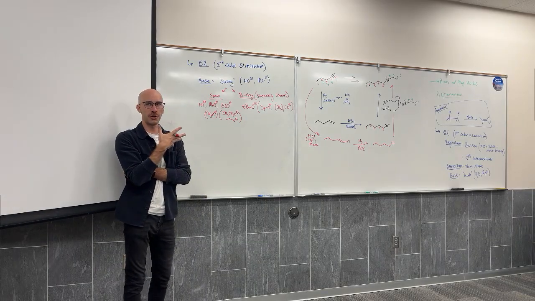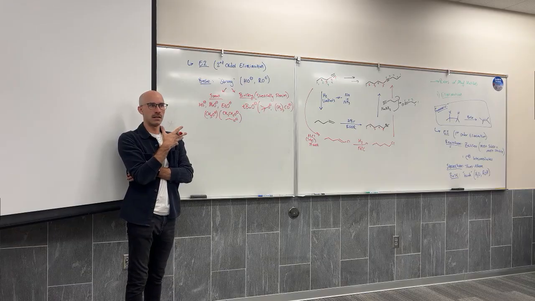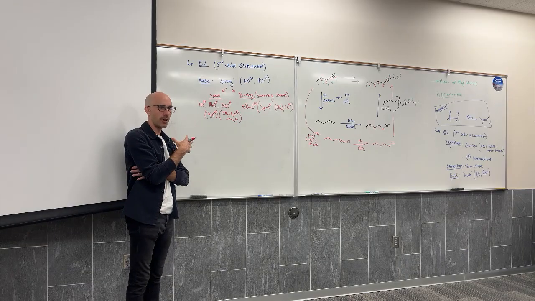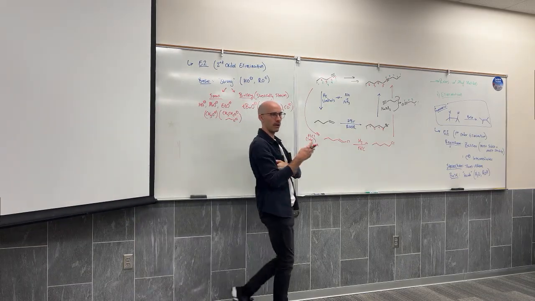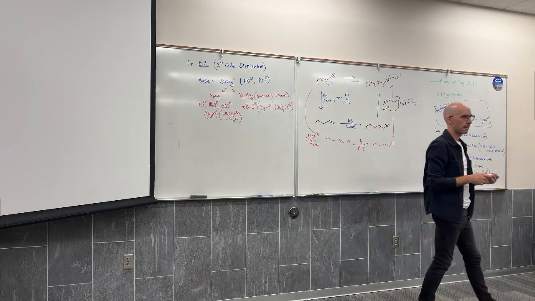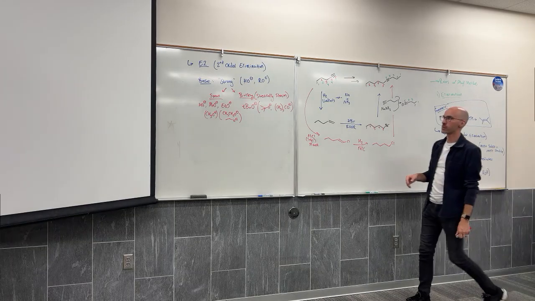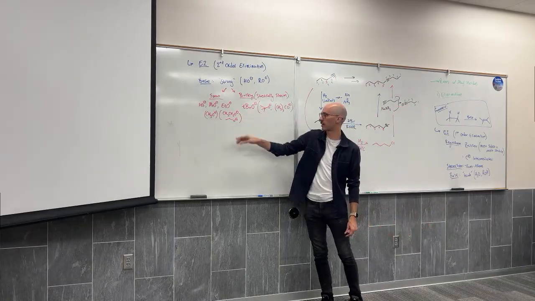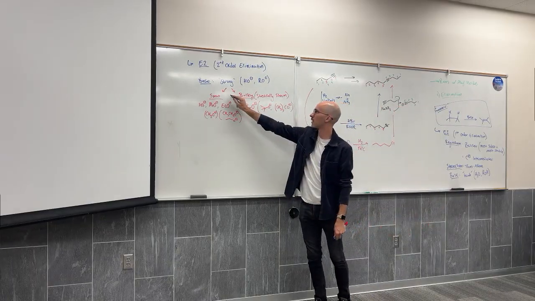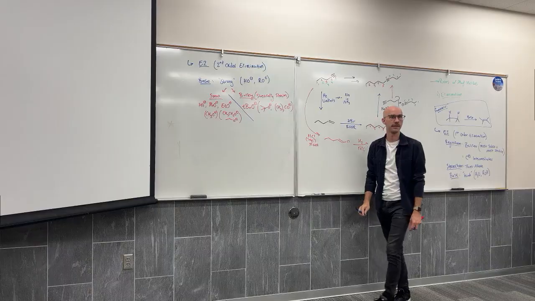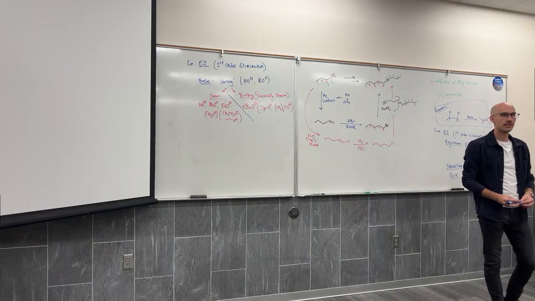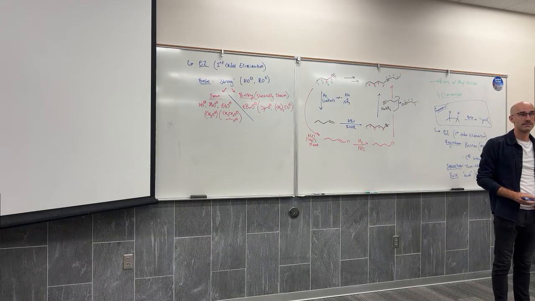Can you tell me why tert butoxide is bulky, but methoxide, ethoxide are not bulky? Why is this bulky and these are not? Yeah.